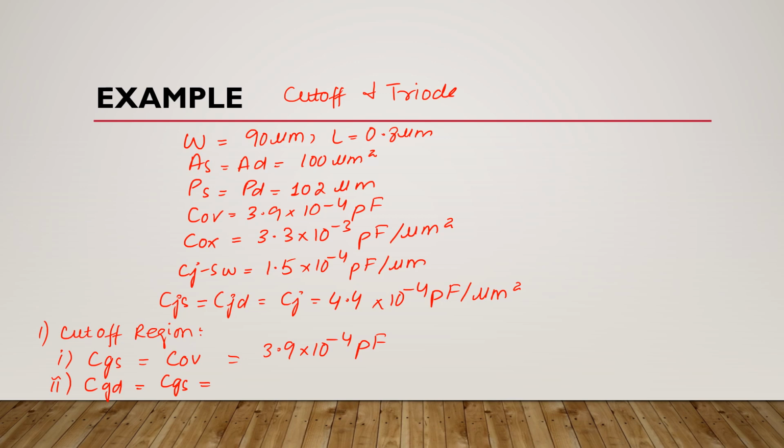It means here this gate to drain capacitance is also 3.9 into 10 raised to the power minus 4 picofarad.